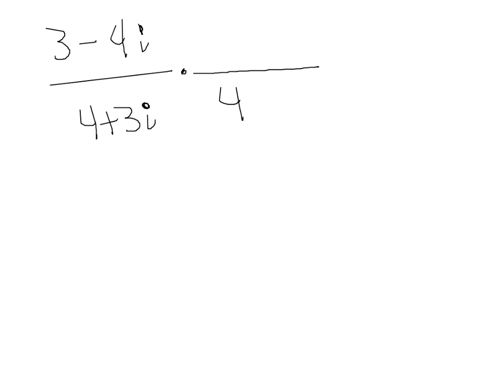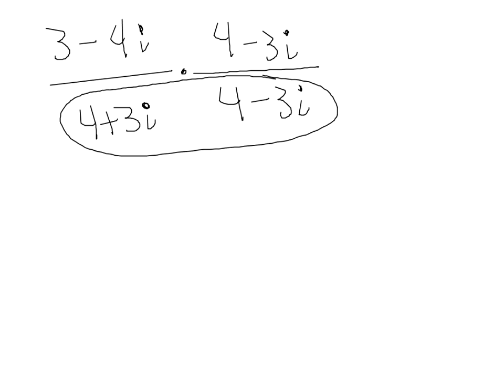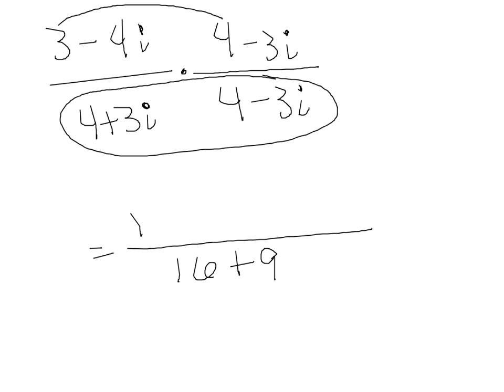All right. Maybe one more. Okay, so I'll multiply on top and bottom by the complex conjugate. The bottom becomes 16 plus 9. And then here, I'm going to distribute. So 12 minus 9i minus 16i.